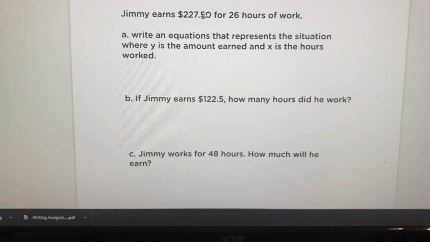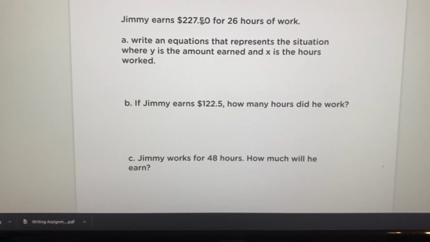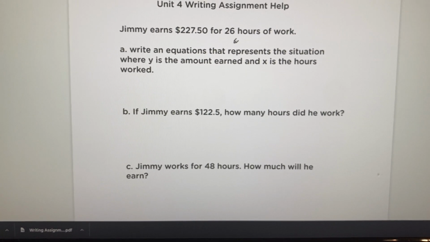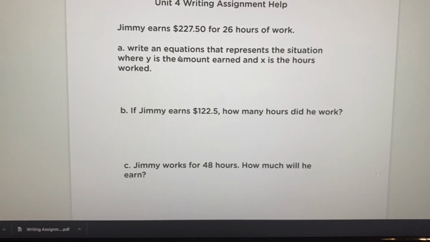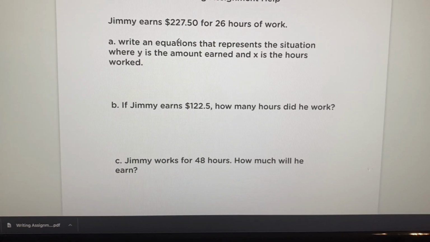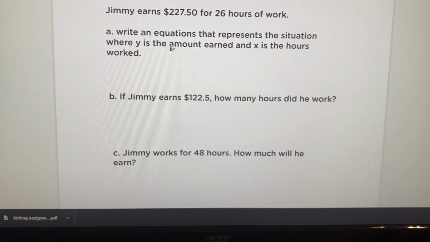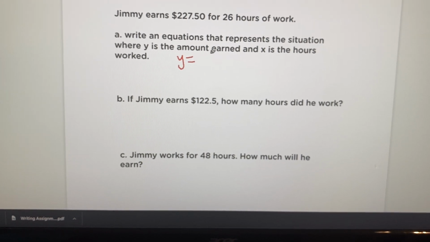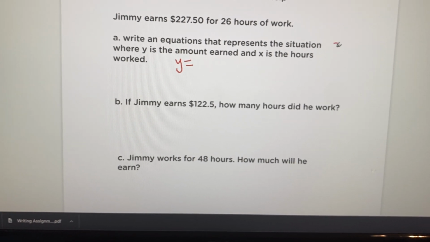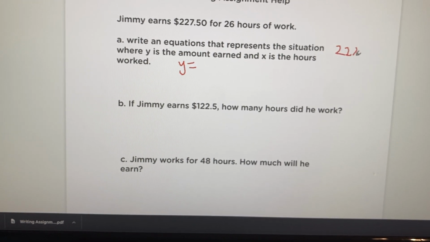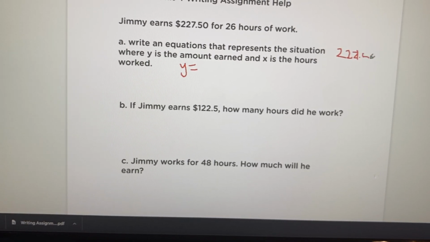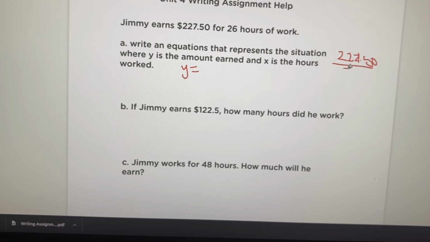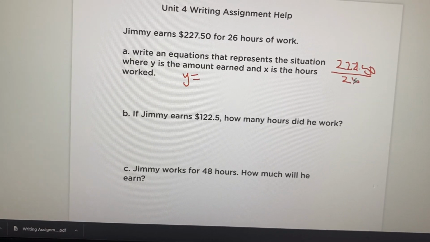So Jimmy earns $227.50 for 26 hours of work. Write an equation that represents this situation where y is the amount earned and x is the hours worked. So we all know we're always going to have y equals. And so what I need to do is take this $227.50 and divide it by 26.